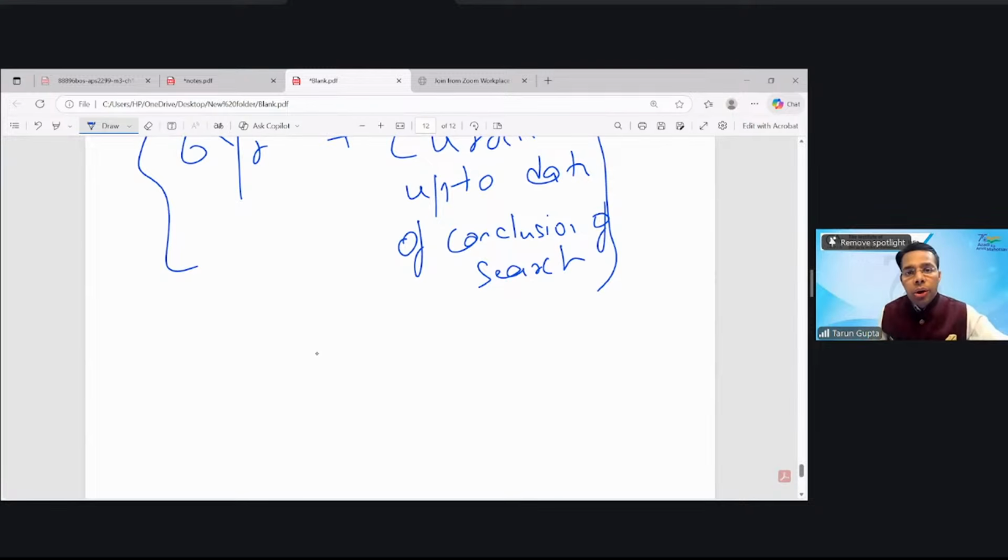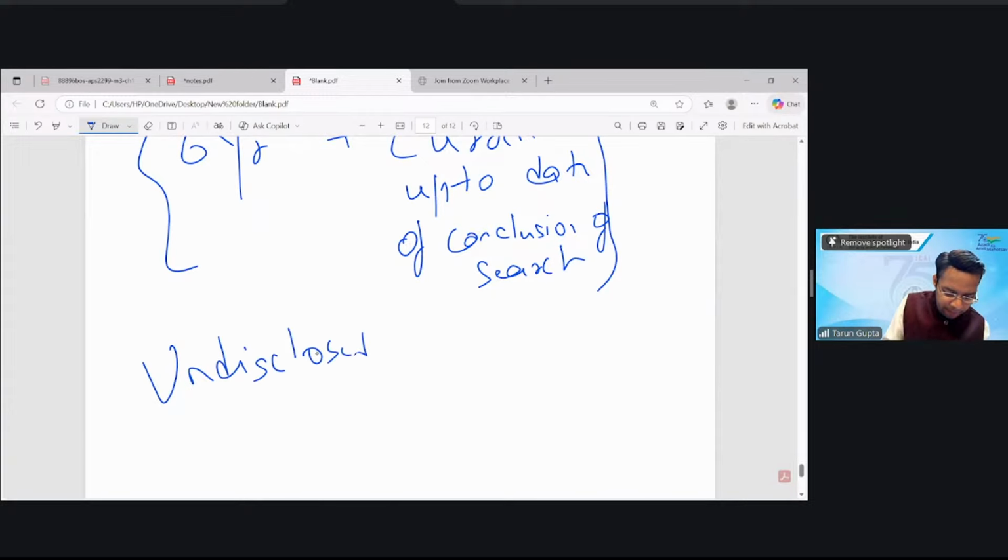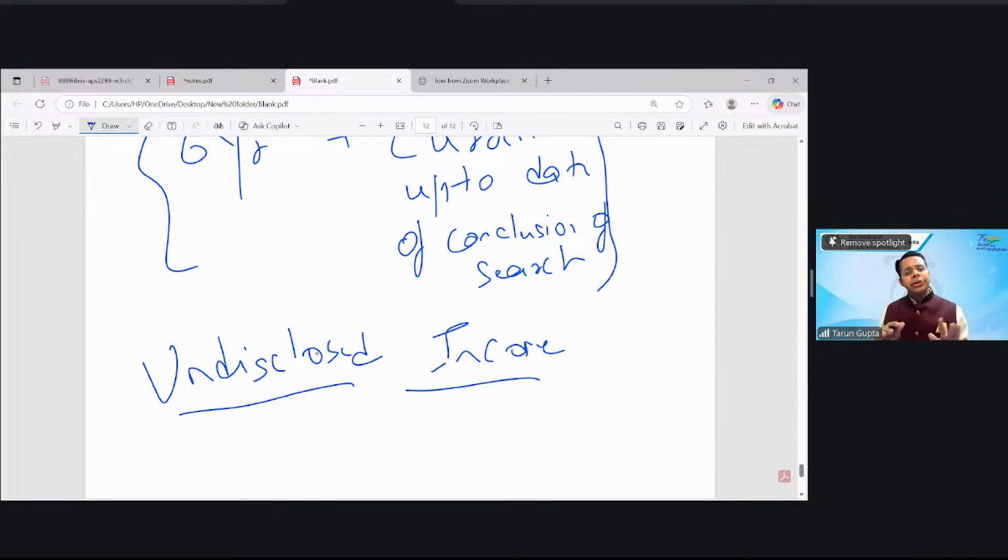Another thing which you need to remember is the definition of undisclosed income. So what is it? See, we are not memorizing the definition, we are understanding it. You understood the meaning of block period?